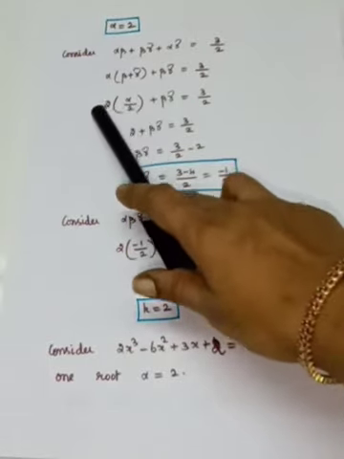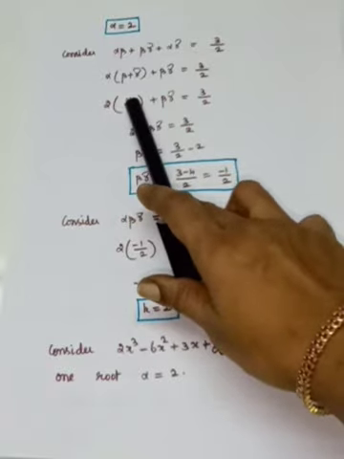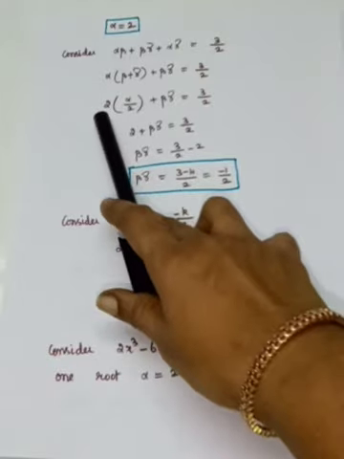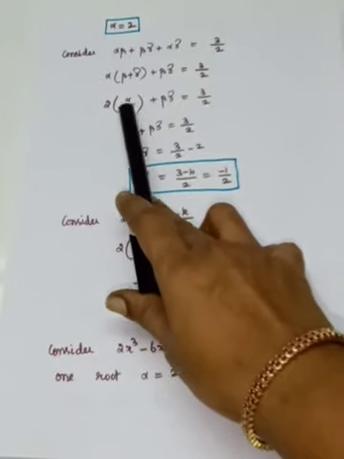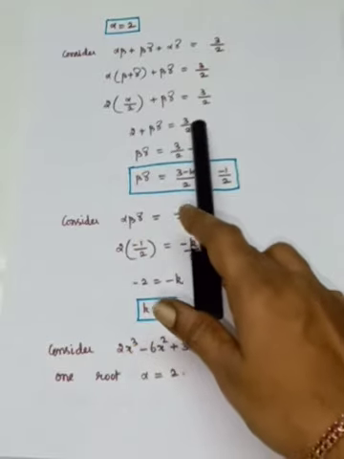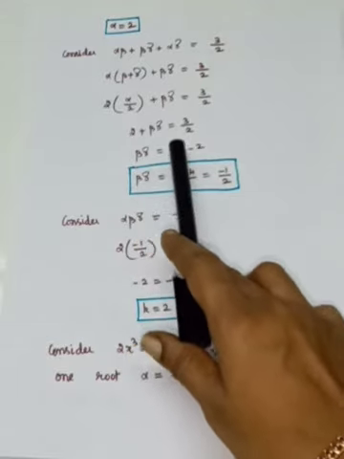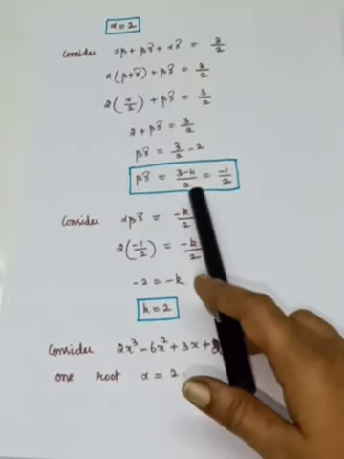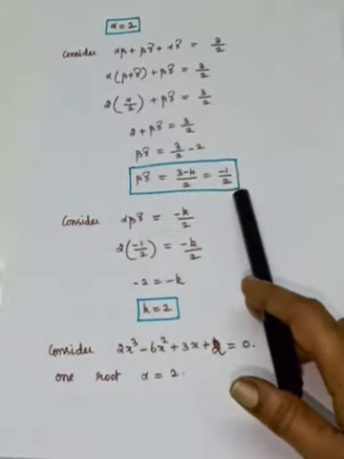So this 2 and this 2 get cancelled. In the place of alpha, you substitute 2. So 2 plus beta gamma is equal to 3 by 2. So beta gamma is equal to 3 by 2 minus 2. When you take LCM, 3 minus 4 divided by 2, that is equal to minus 1 by 2.